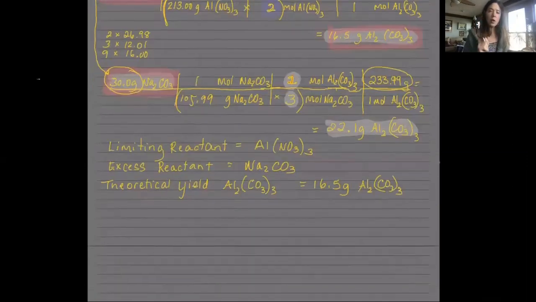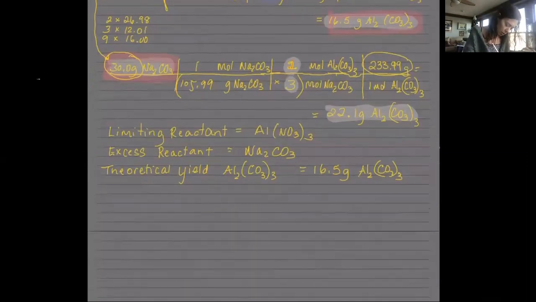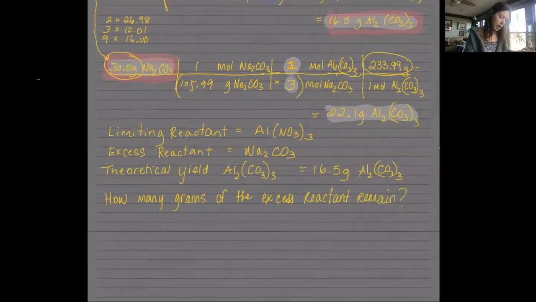All right, and we've got one more question. This is the hard one. How many grams of the excess reactant remain? So I know that I've got some excess of sodium carbonate, and I need to know, my employer wants to know how much is left, how much should be left.